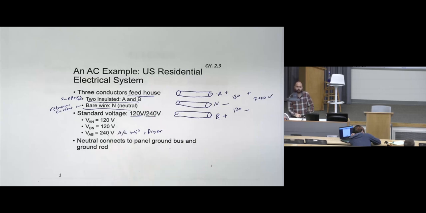While some applications, like the lighting, are 120. The utility wall plugs, all of the wall plugs, are 120. Some kitchen appliances are 120. So it depends on the application. If we need higher power, then we use 240.